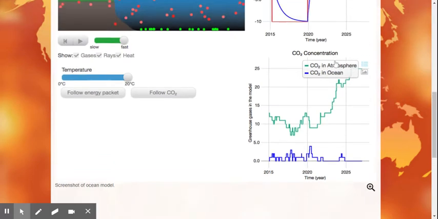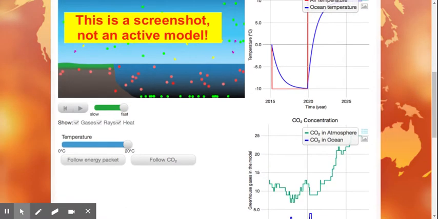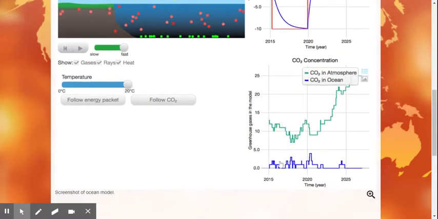Then here's a graph that shows the amount of carbon dioxide in the atmosphere and the amount of carbon dioxide in the ocean. So what you're going to do is take a look. When the ocean temperature went way down, what happened to the amount of greenhouse gases in the model? The green one shows carbon dioxide in the atmosphere. What does it do when you drop the temperature of the ocean and then raise it?